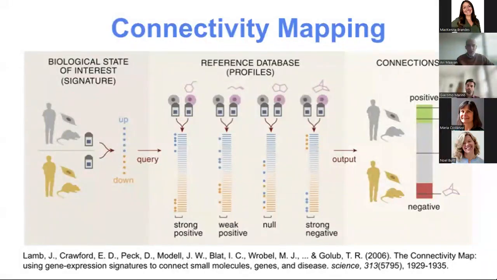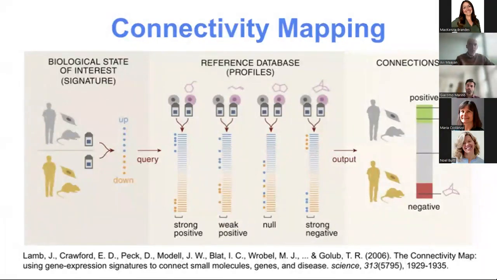Then you can come in with your project, your biological interest. That can be a disease state versus normal, a mouse model, or some cells treated with a compound that you want to see what it does. You come into this LINCS database, and then you can get mimicker and reverser signatures.